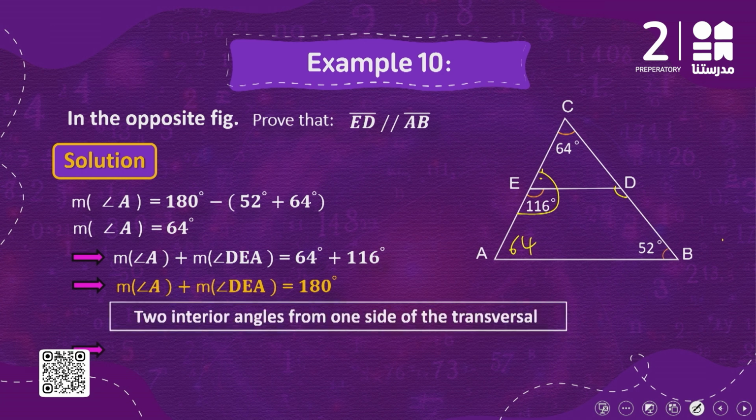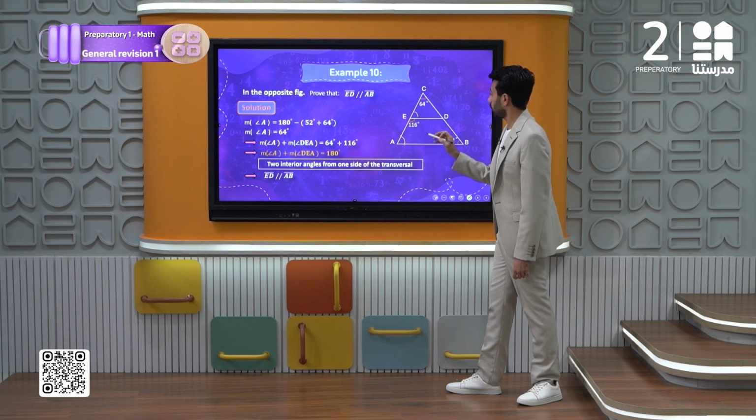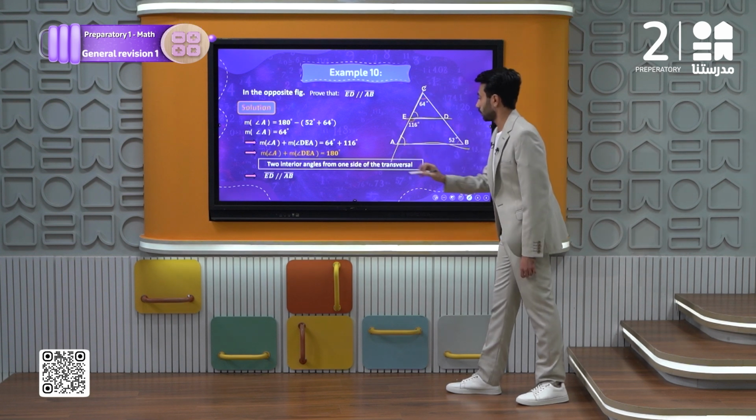So if this is 64 and this is 116, if you find this angle, it will be 64, because 180 minus 116. So you can see that this angle is equal to this one. That means this line is parallel to this line, and this is called transversal.